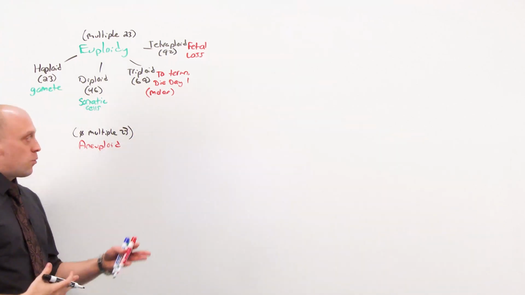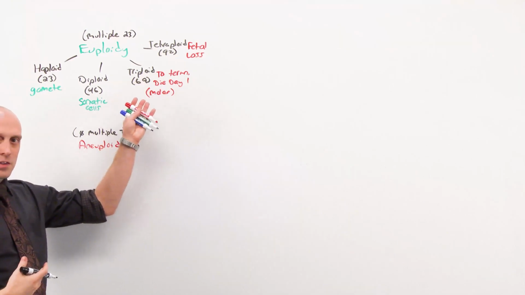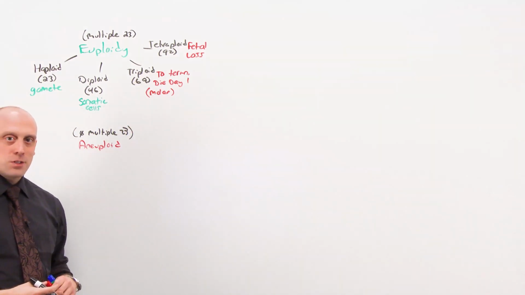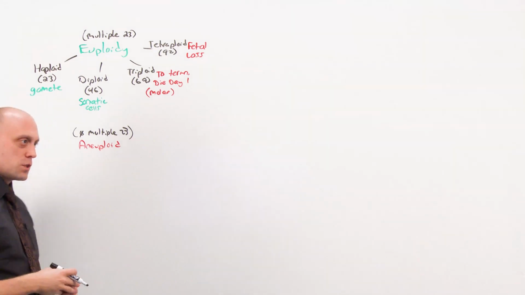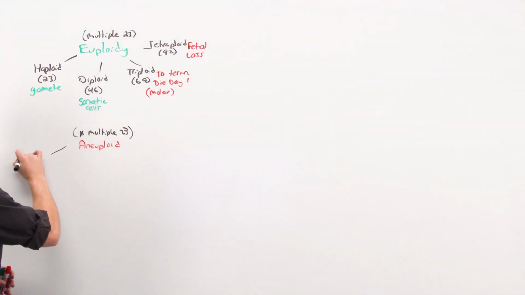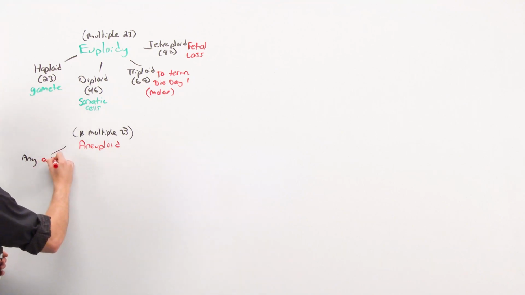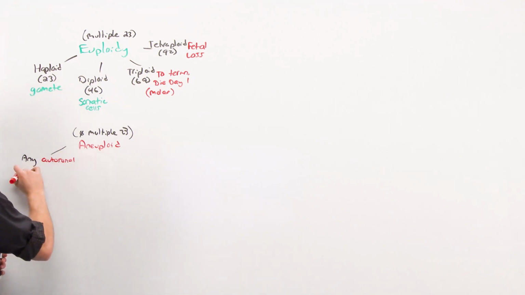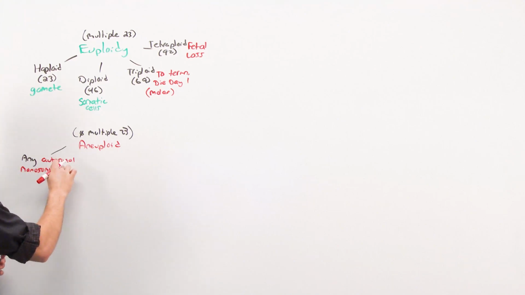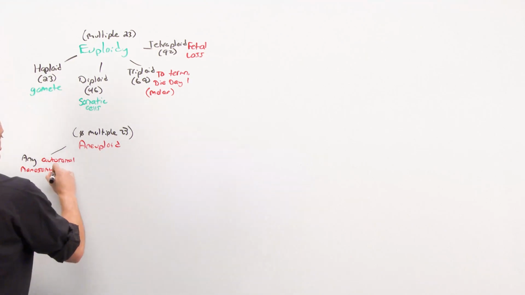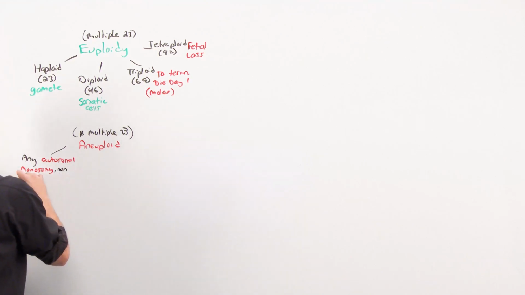And you'd think, if we were even talking about adding an entire set of chromosomes, there'd be a lot to learn here. No, there's not, because it follows these rules. Any autosomal monosomy, that is, if there's only 1 copy of an autosomal chromosome, non-viable, dies.